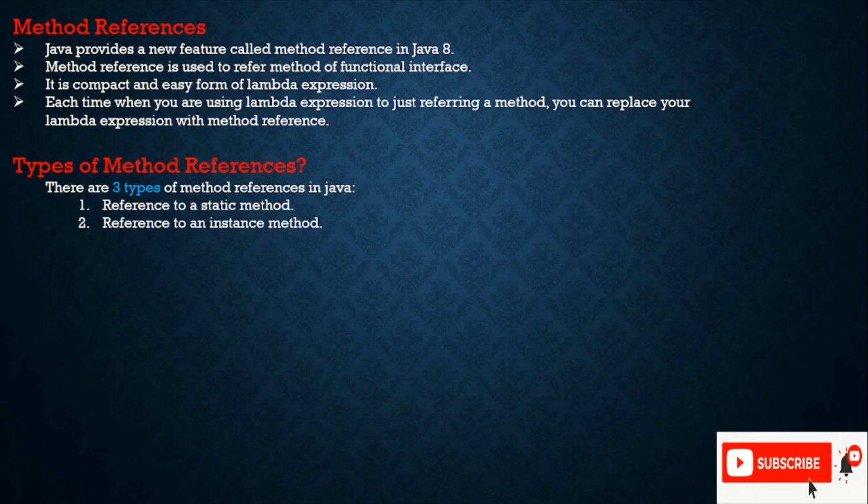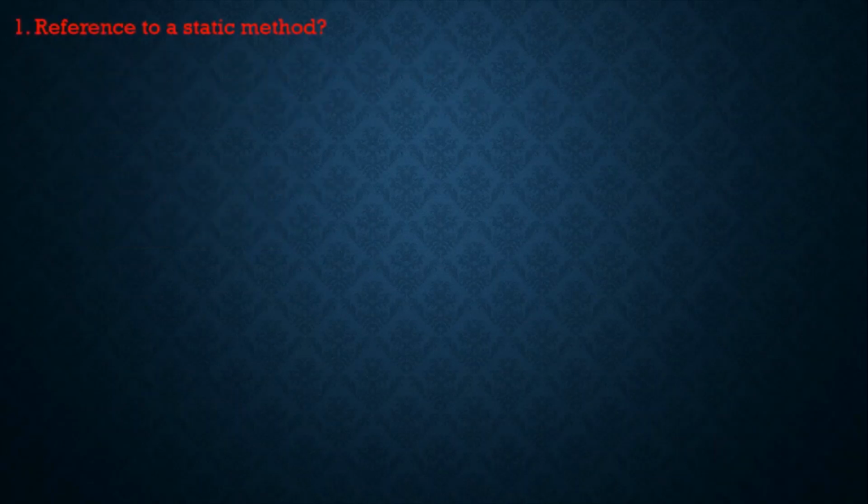I have told you there are three types of method references as part of Java 8: reference to a static method, reference to an instance method, and reference to a constructor. I will explain one by one. So let me first show you the syntax of a static method reference.